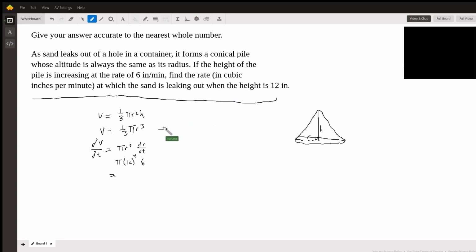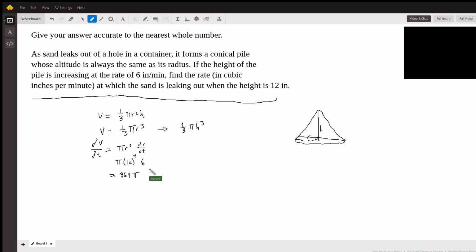It might have been easier for you to follow if I had written 1/3 pi h cubed, and then the steps would be the same. So this is just going to be 144 times 6. It's 864 pi.